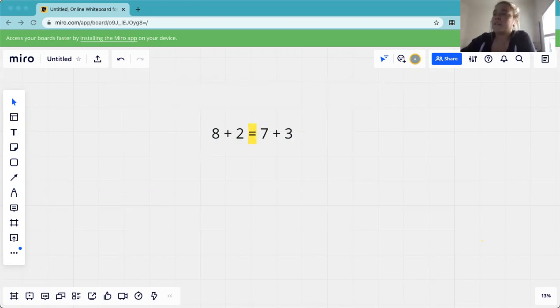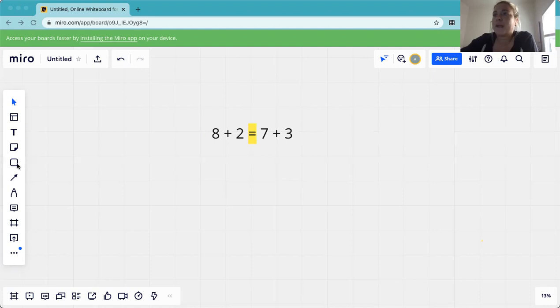What do you think the equal sign is telling us? Yeah, it means that the two sides of the equation have the same value. So to find out if this equation is true, we're going to use counters to help us solve each side of our equation.